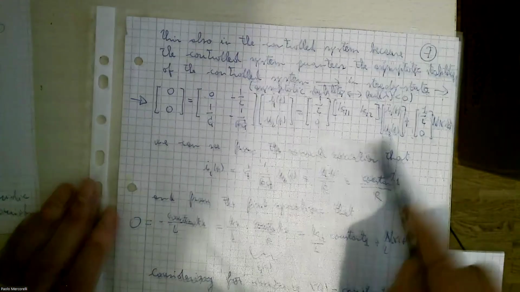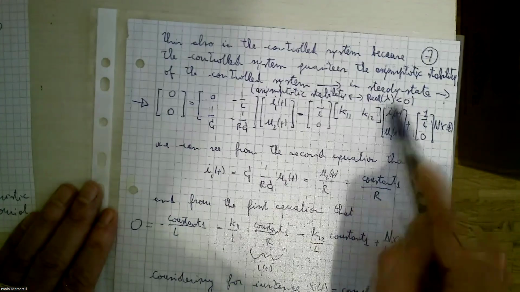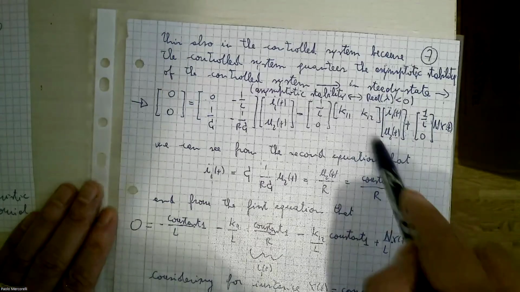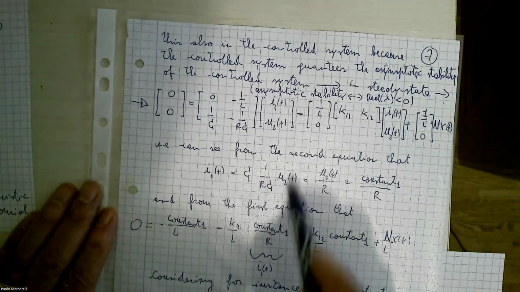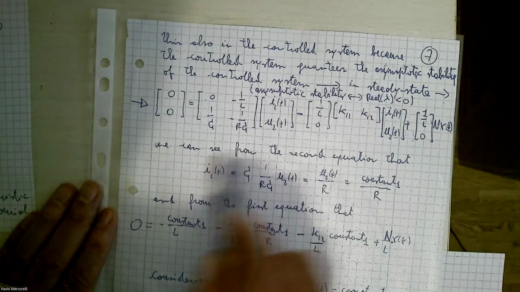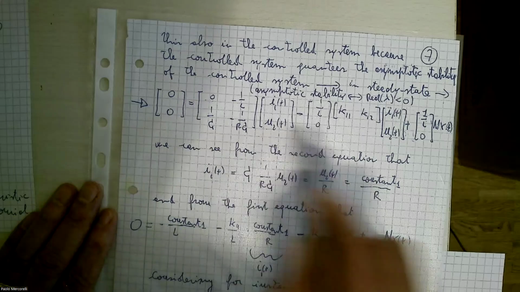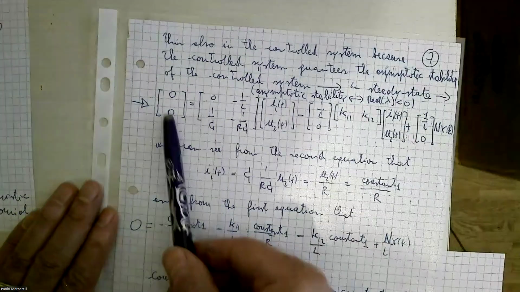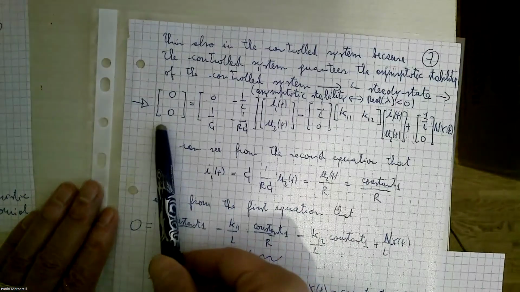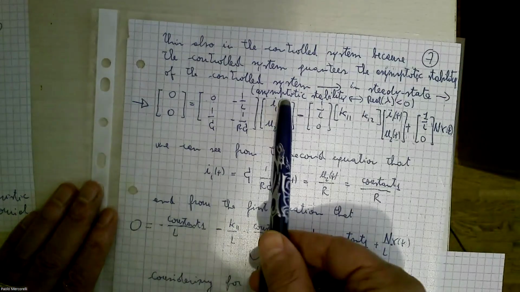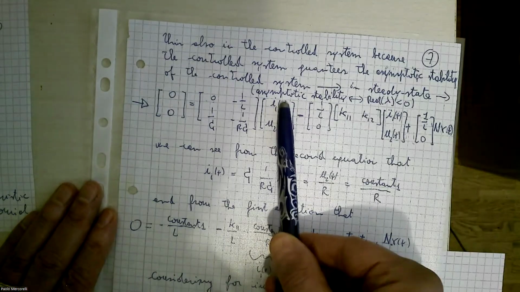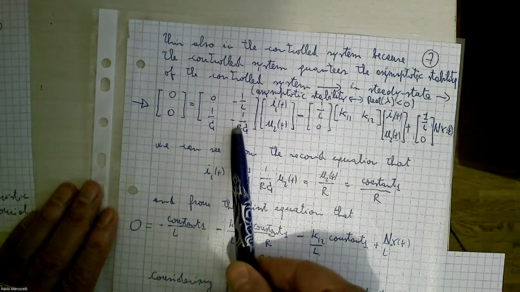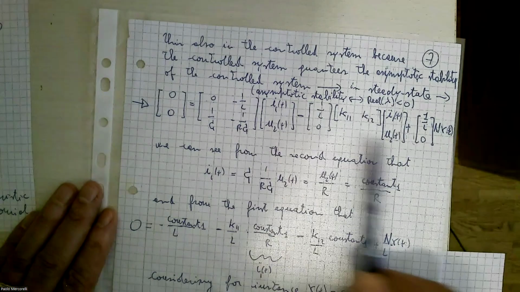This means in the second line we don't add anything. Consider this part here: 0, because the derivative of U2, a constant, with respect to time is 0. This multiplied by this, I1 divided by C minus 1 divided by RC multiplied by U2. And this contribution is 0.